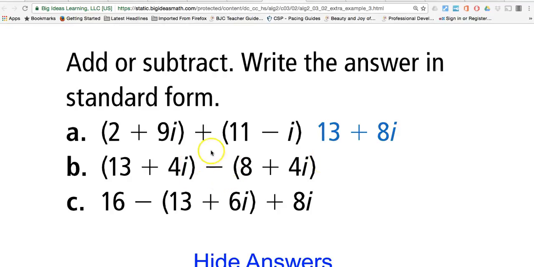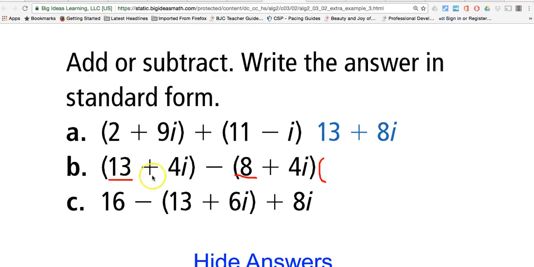Here our difference is instead of adding, we are subtracting. So in this case, we're going to have to be careful. We want to make sure that we identify that this minus sign is going to be applied to both of these terms here. So again, we're going to rewrite this as our real part and our complex part, or imaginary part.